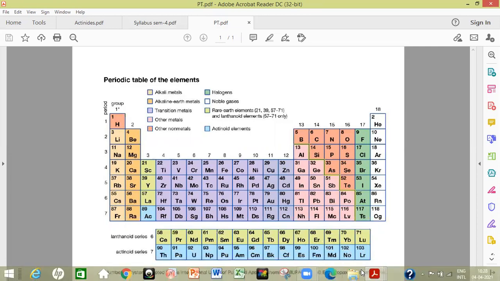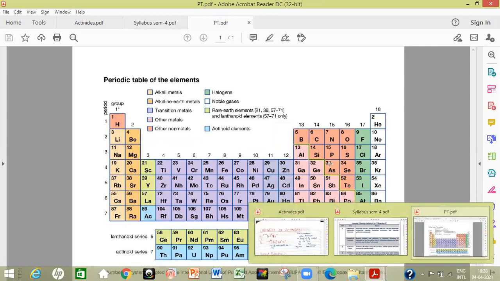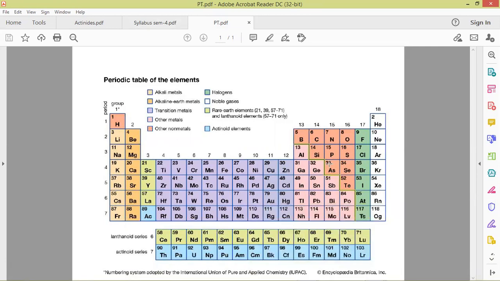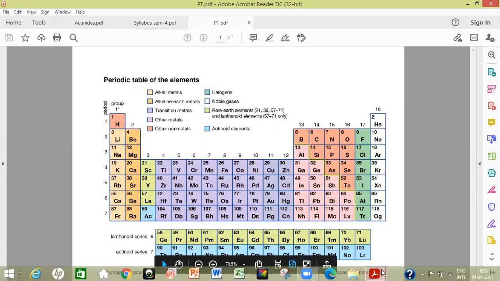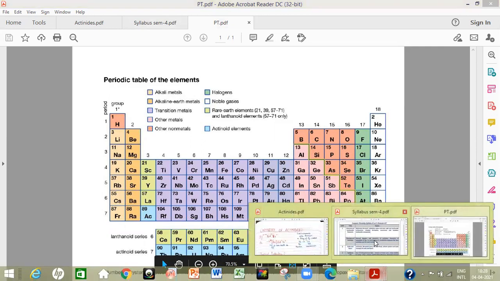These are not naturally existing. Due to their radioactive nature, not much detailed chemistry is known about them. So this chapter is not very elaborate in comparison to the lanthanides part. It is a short chapter if we compare it with the lanthanides.